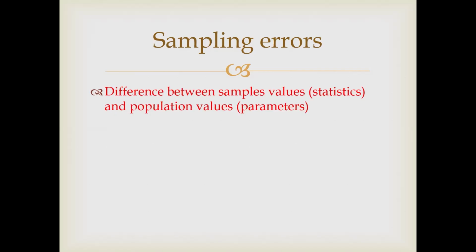Sampling error means the difference between the sample values, which we calculate from the sample we have taken, called statistics, and the population parameters. So we are using the sample values for estimating the population parameters, but there may be a difference. That difference is called sampling error.